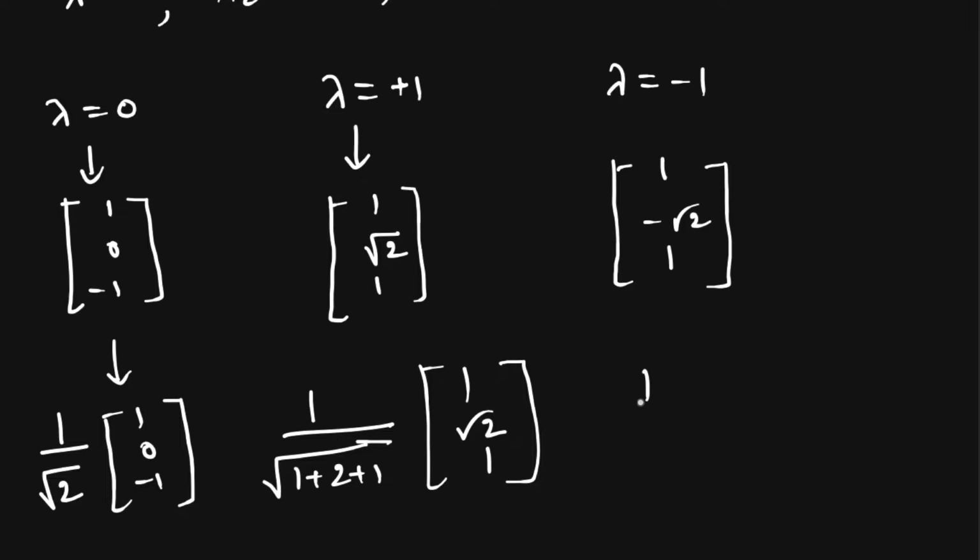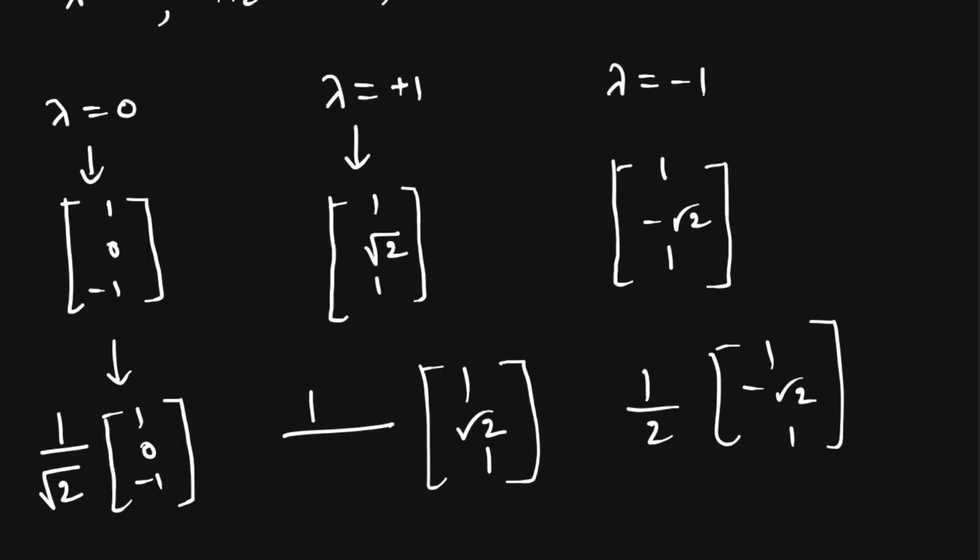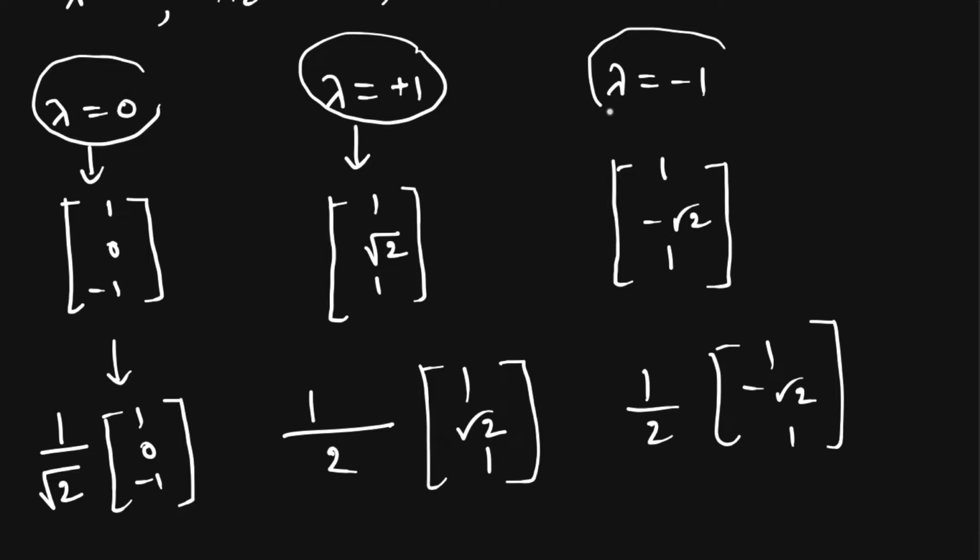Similarly here we get 1 by 2 times (1, minus root 2, 1). So these are the three eigenvectors corresponding to the three eigenvalues. That means for each and every eigenvalue there is a distinct eigenvector. That means there is no degeneracy.